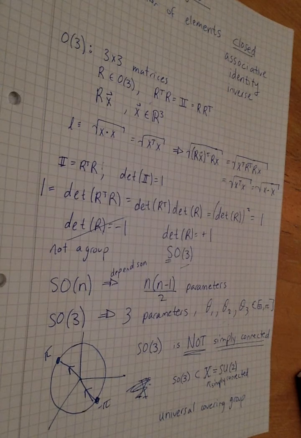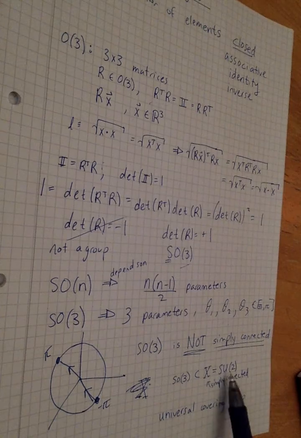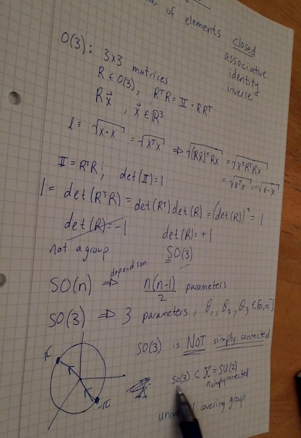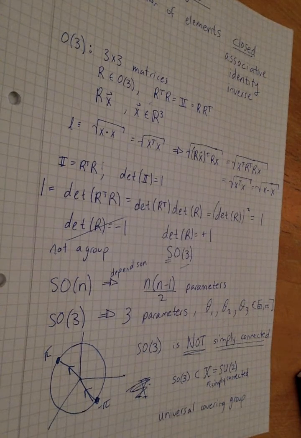A property of this universal covering group is such that the regular representations of SU2 are equal to the projective representations of SO3. What does that mean? Why is that helpful?